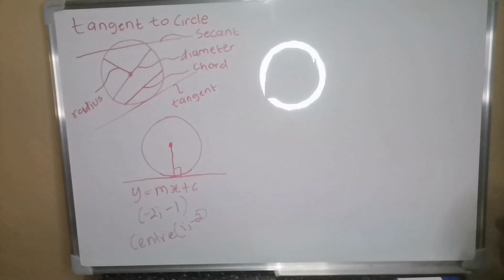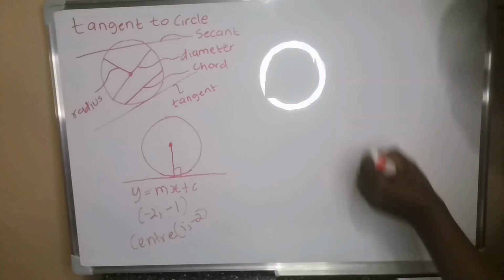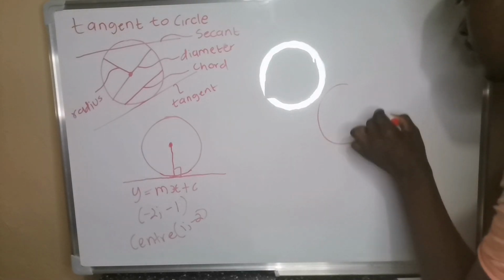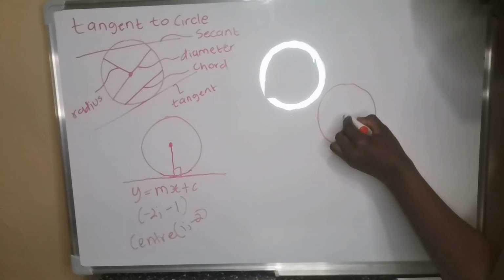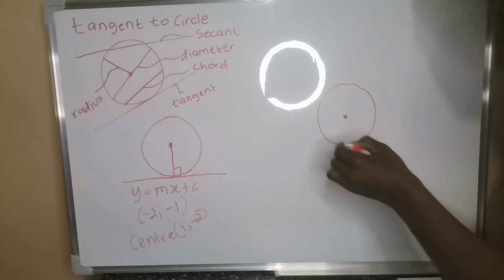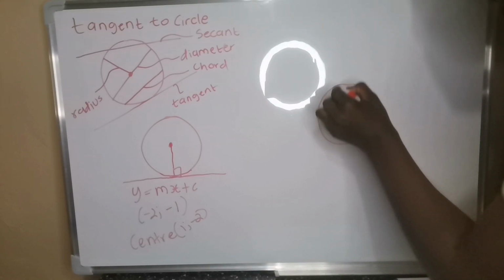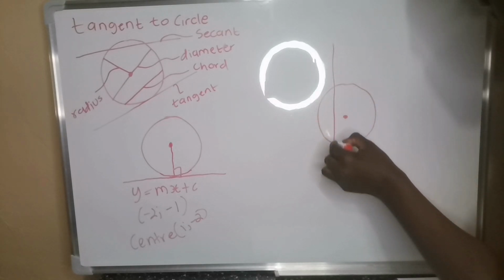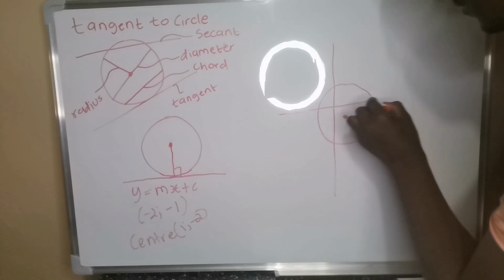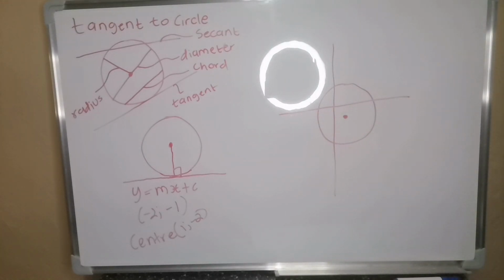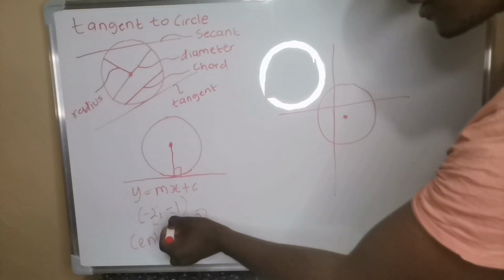Let me just draw this scenario here, guys. So the circle, our center is 1 and negative 2. This is our x, and this is our y.